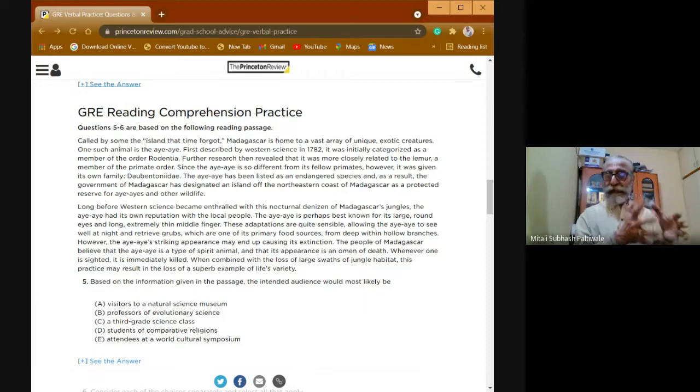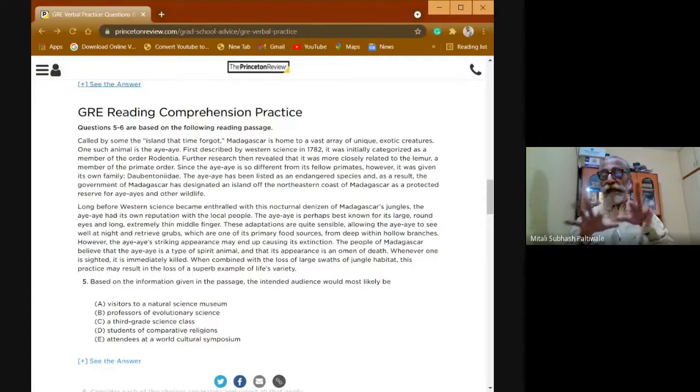But this particular species had huge eyes compared to its body, large round eyes, and a long, extremely thin middle finger. Long, extremely thin means a very thin middle finger in its palm. It had a very thin but very long middle finger.